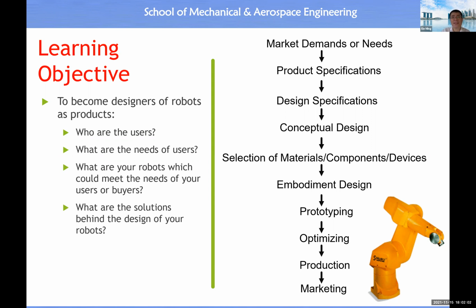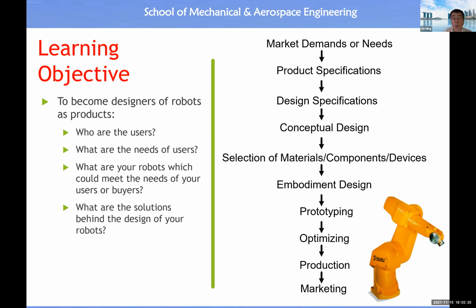The second case is the situation in which we do not know the specific user, but we could imagine some generalized user. Then in this case, we can identify the generalized need from the generalized user.